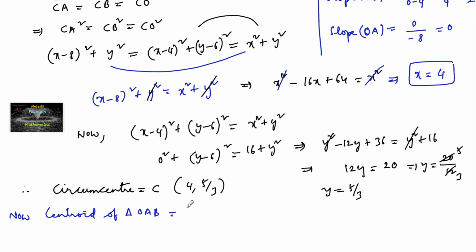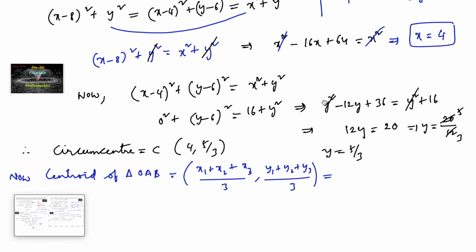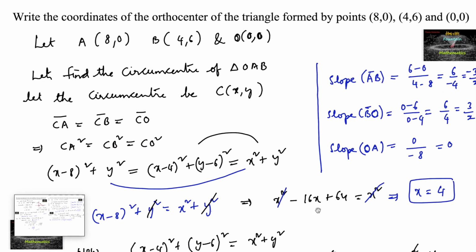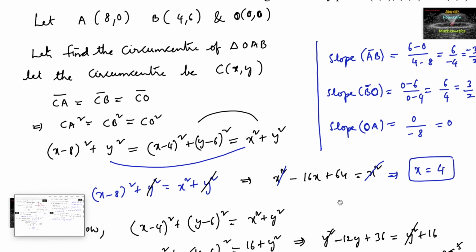Since we know the centroid of a triangle is ((x1 plus x2 plus x3) by 3, (y1 plus y2 plus y3) by 3), the three vertices are (8, 0), (4, 6) and (0, 0).